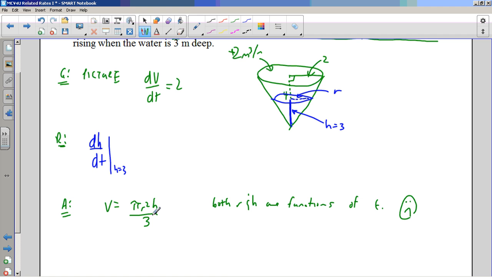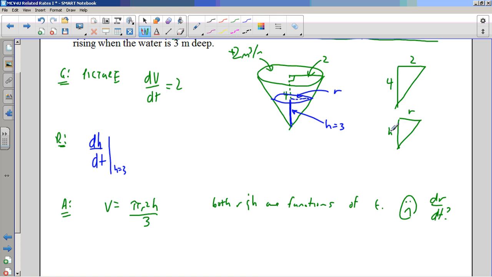Notice I could just use the product rule here, but I don't know what dr/dt is, so I'm going to have to think about this. Well, it actually comes back to good old grade 10 similar triangles. Here I've got a relationship, 4 and 2, h and r.